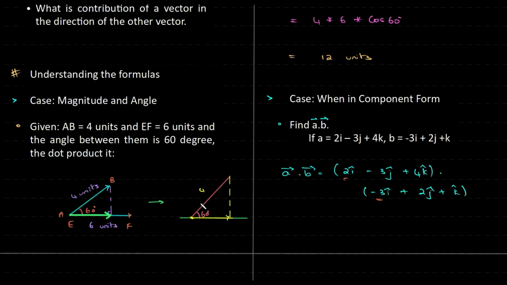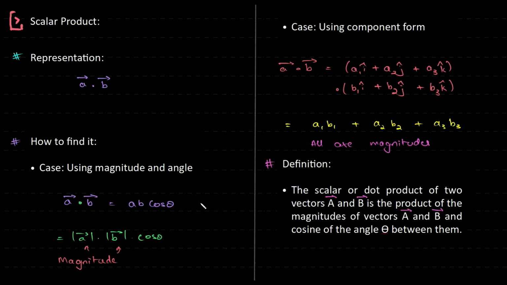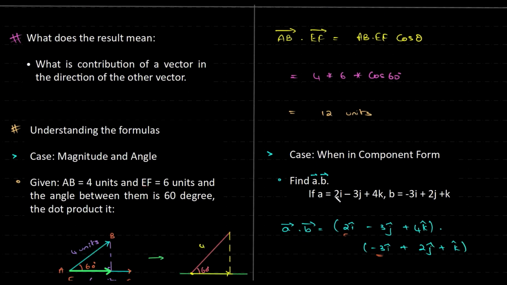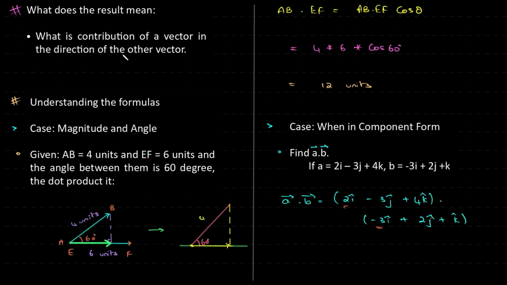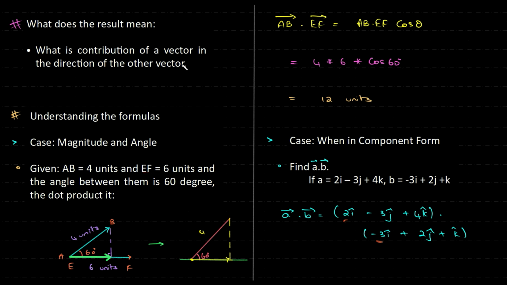So basically, what we are looking at is scalar product, wherein we are taking the magnitude of the given vectors, the cos of the angle between them, multiplying all of them. So when it comes to component form, it is the respective components, i's, j's and k's, they have to be multiplied, all in magnitude form. So basically, the dot product gives us the contribution of a vector in a given direction of the other vector, right?